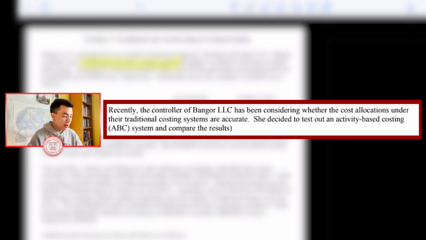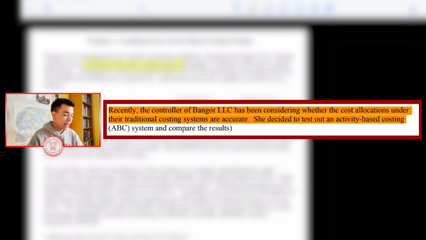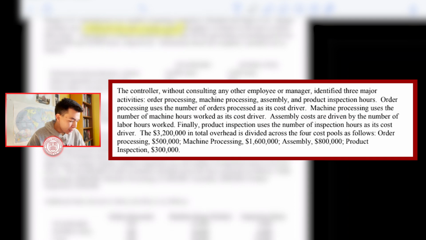Now they're saying that recently the controller of Banger LLC has been considering whether the cost allocations under their traditional costing system are accurate. She decided to test out an activity-based costing system and compared the results. The controller, without consulting any other employee or manager, identified 4 major activities: order processing, machine processing, assembly, and product inspection.